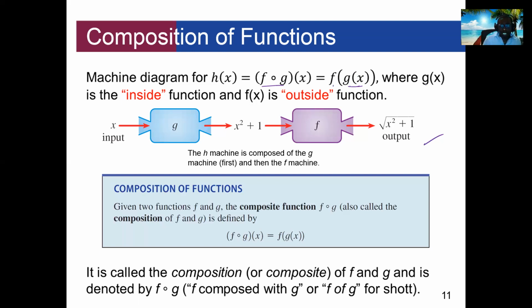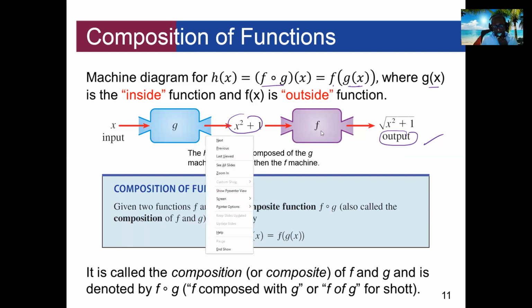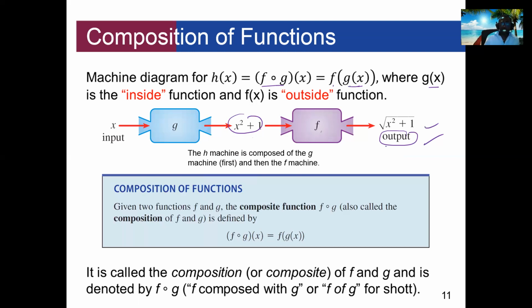We call the g of x the inside function, and the f of x the outside function. The x gives the output g of x, and the f takes it and gives you the final output.